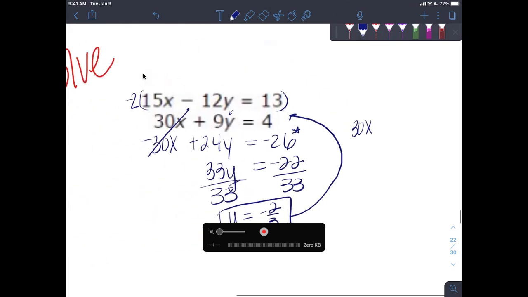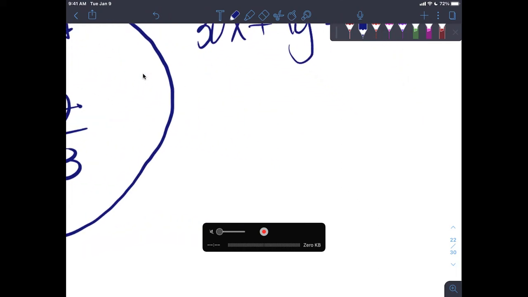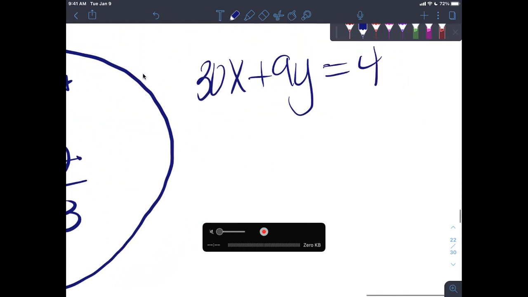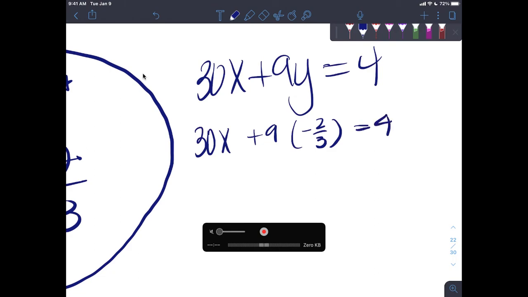30x plus 9y equals 4. And we're going to plug in our y equals negative 2/3. And now I can go ahead and get to solving. I could have used an nsolve with a y. But because this is a system, I can use a linsolve to make sure that I get this correct.